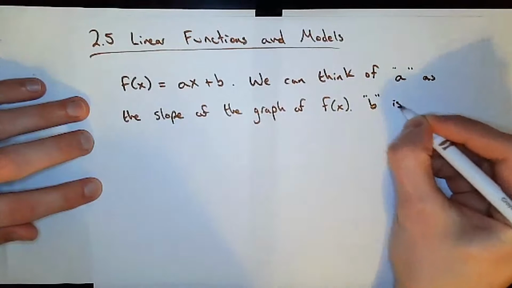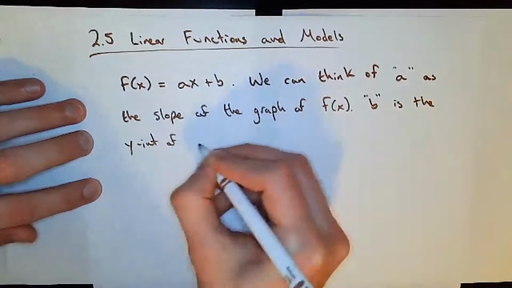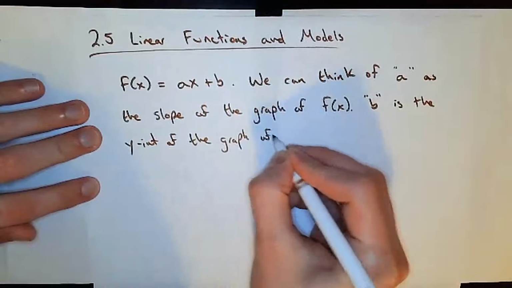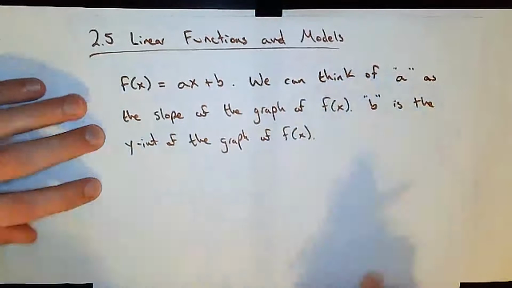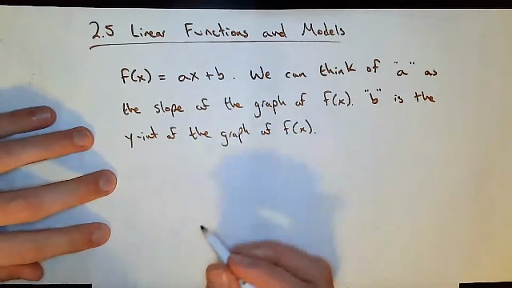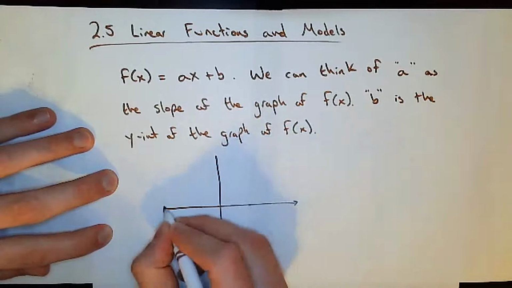B is the y-intercept of the graph of f of x. So if I was to draw some generic linear function with slope a and y-intercept b, well, I wouldn't know exactly where to put it and how to tilt it.